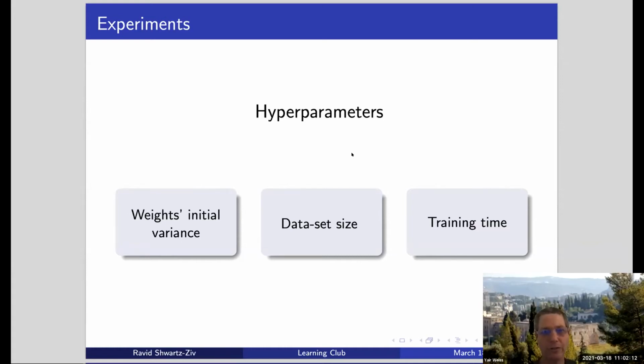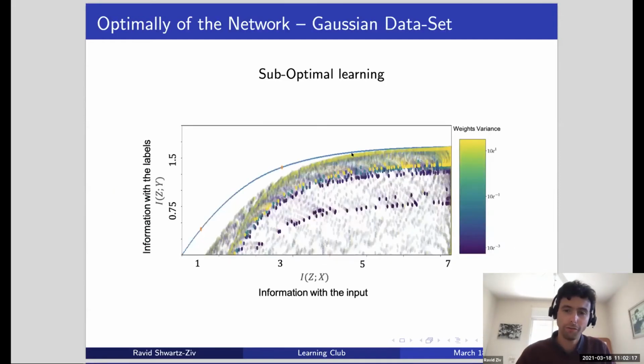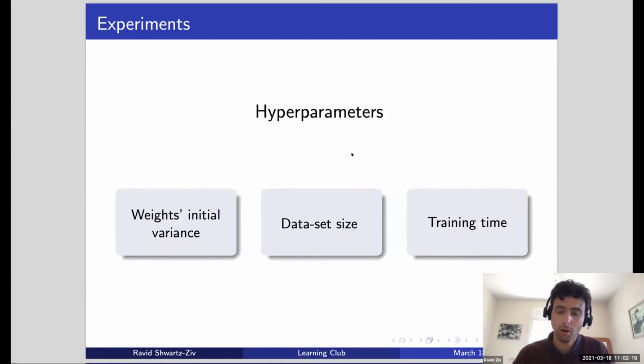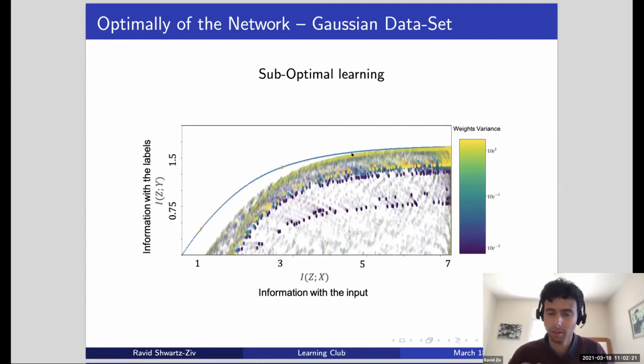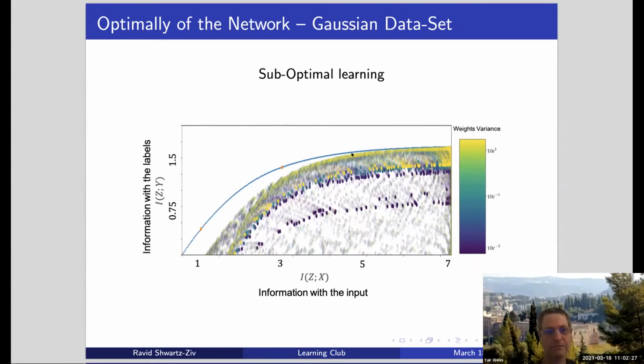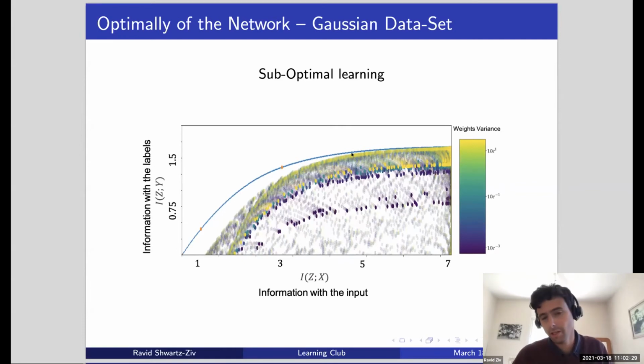Which architecture are you showing us now the results for? Oh, okay, it's a good question. So this is a simple fully connected network. But for this case, we tried also convolutional network. And after it, I will talk about ResNet, about wide ResNet that we tried. But this is a fully connected network.